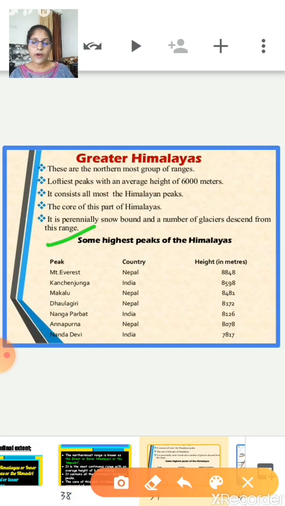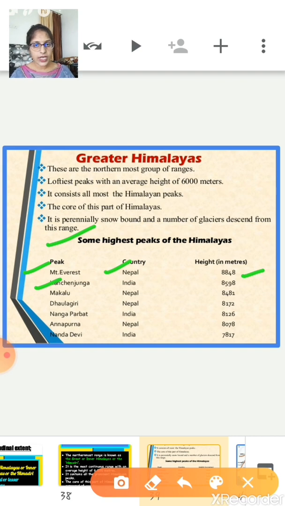Now, some of the highest peaks of the Himalayas. So first one is Mount Everest. As you all know, Mount Everest is located in Nepal and the height is 8,848, right? So Mount Everest is the highest peak and it is in Nepal. Second is Kanchenjunga. Basically this is India's highest peak.